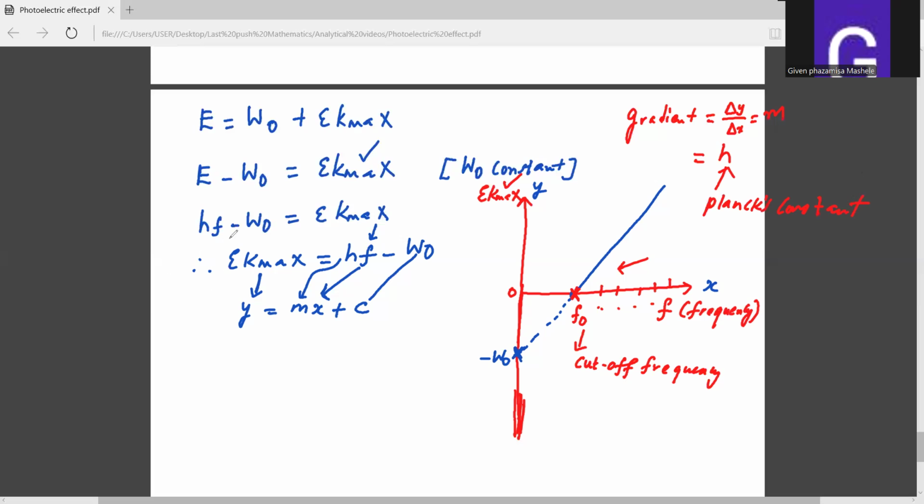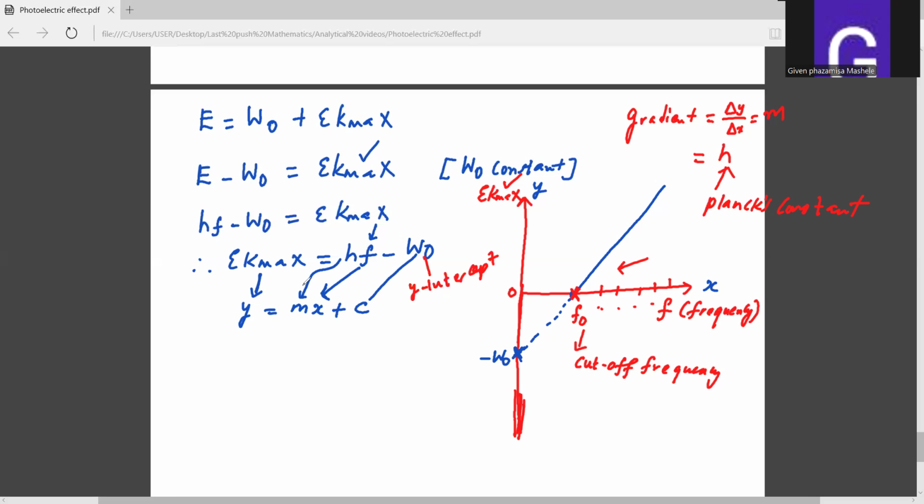I believe you understand how I got this. So the y-intercept here is our work function. Then f is the x value, the frequency. So f is the frequency, h is the gradient.